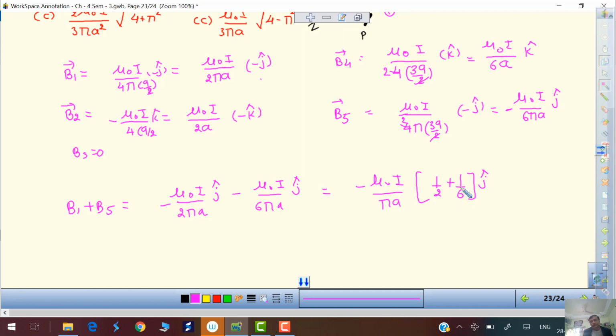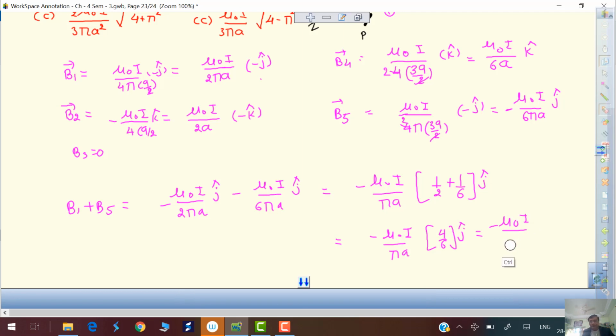So this is 4 by what will it be? Minus μ0 I upon pi a, 3 plus 1 is 4, 4 by 6 j, again you can reduce to 2 by 3. So minus μ0 I upon pi a, and this is 2 by 3 in the direction of j. This is B1 plus B5. Okay, it is a vector, so I put vector notation.